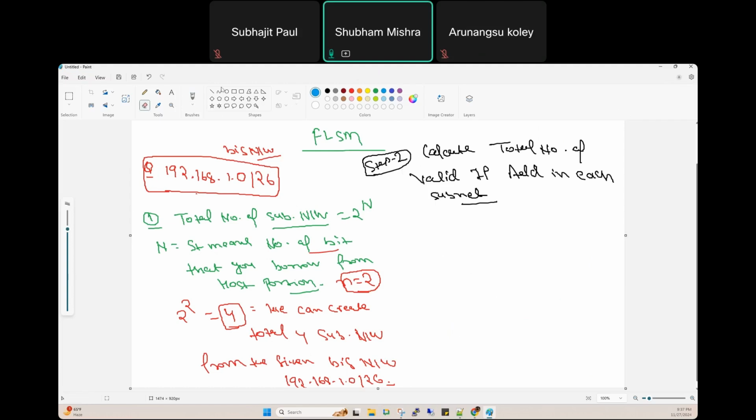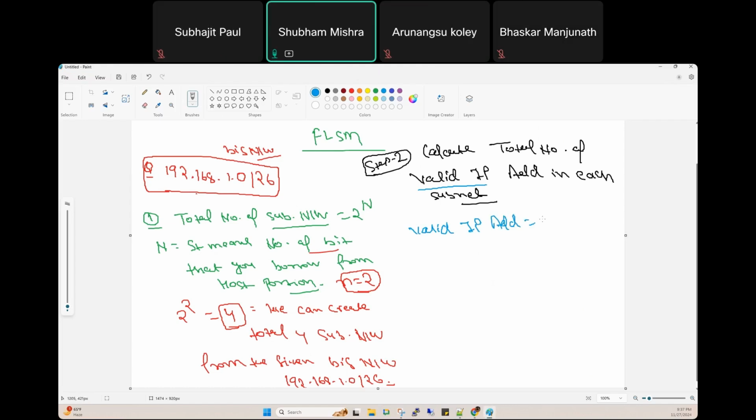Okay. Now come here on step number 2. So in step number 2, what we are going to do? We need to calculate the total number of valid IP addresses in each subnet. What is the formula for valid IP addresses? 2 to the power h minus 2. What do you mean by h? H represents host bits.